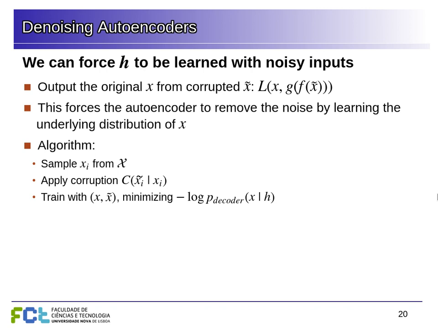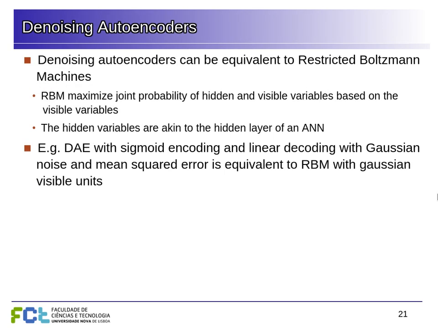So we are forcing it to retrieve the original data. Denoising autoencoders are similar to restricted Boltzmann machines. These are graphical, probabilistic models, which have a layer of latent variables, hidden variables, and a layer of outputs, and they try to maximize the probabilities, the joint probabilities of the data and all those variables.